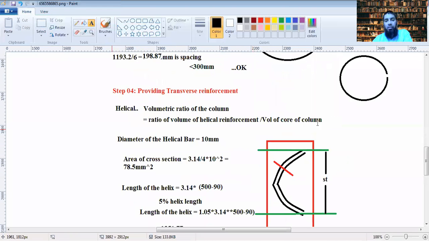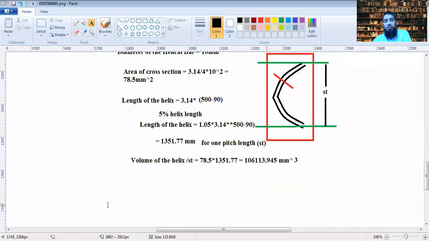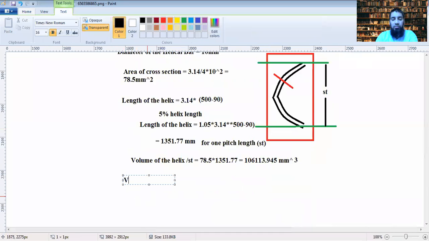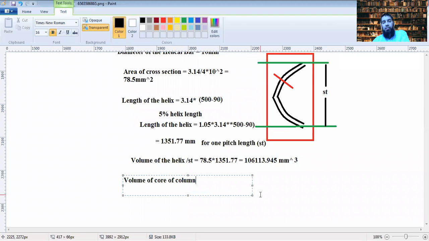Next, you need to calculate the volume of the core of the column. This is also per pitch length.